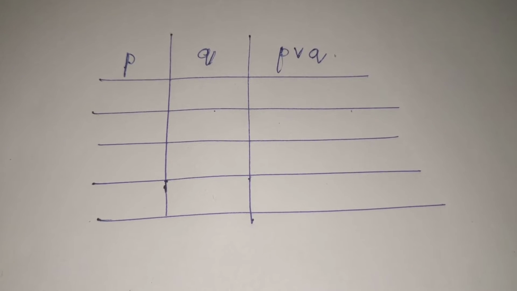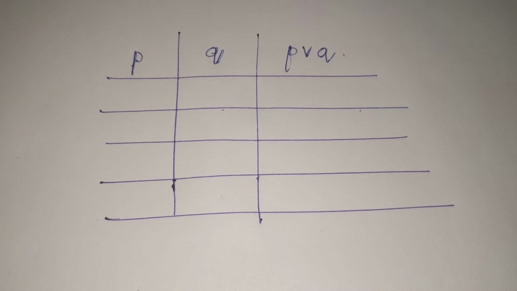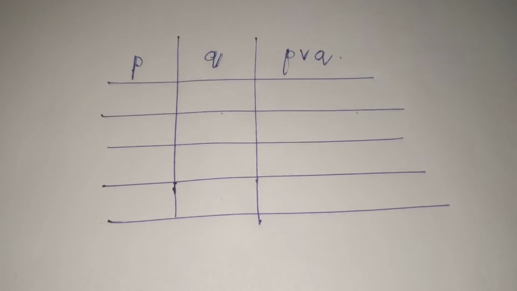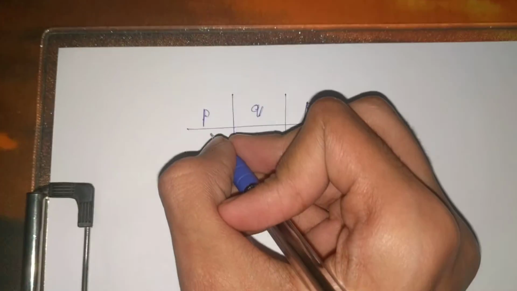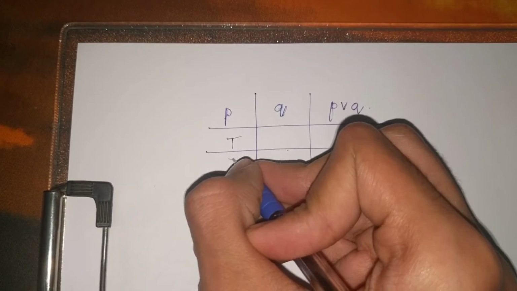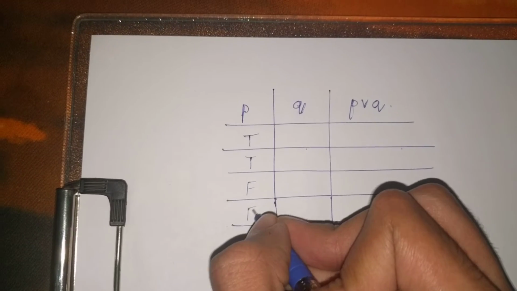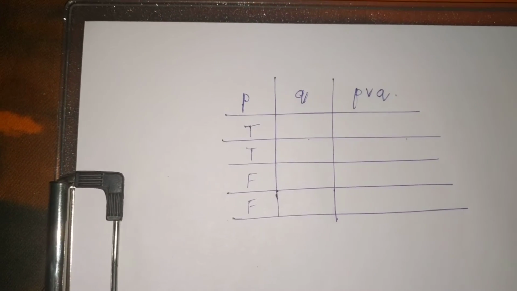Remember these easy steps to make solving mathematical logic simple for you. Under your proposition 1, you need to write T, T, F, F. T stands for true, F stands for false.